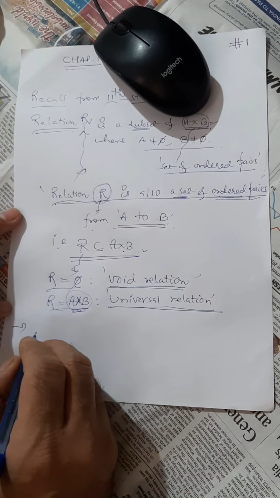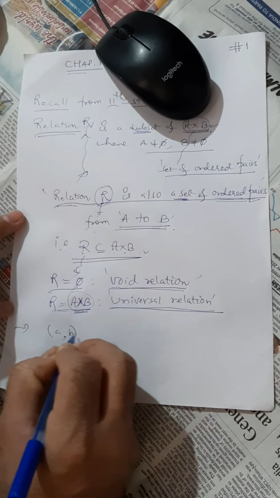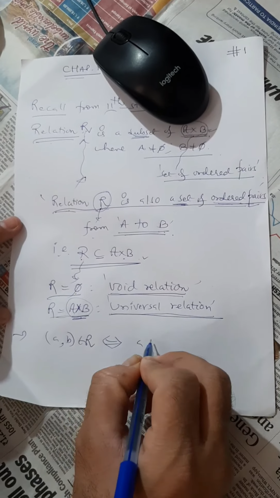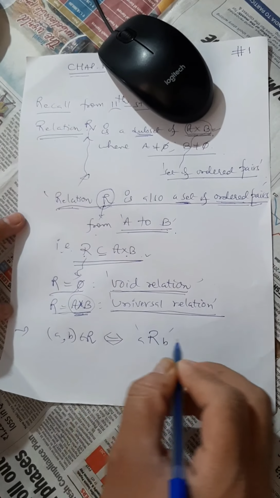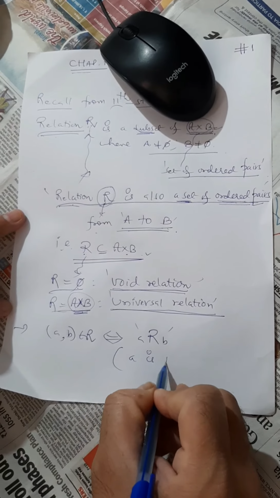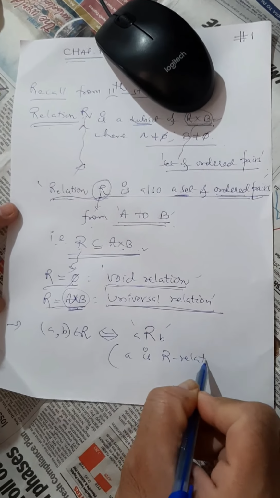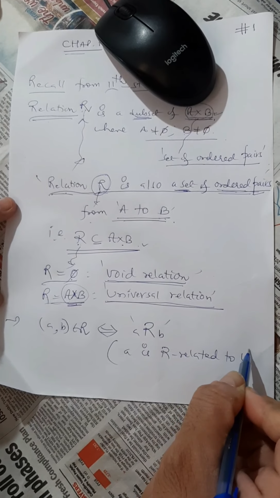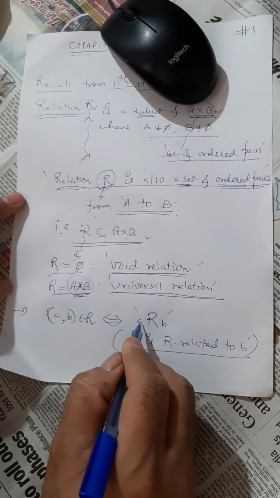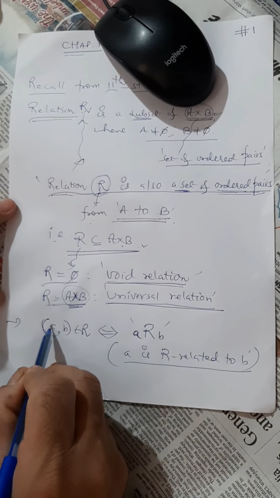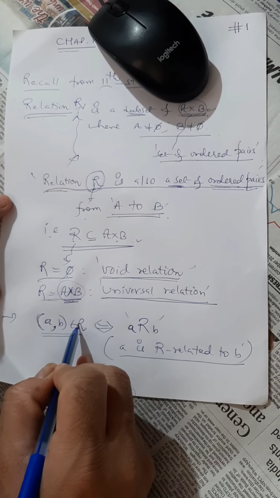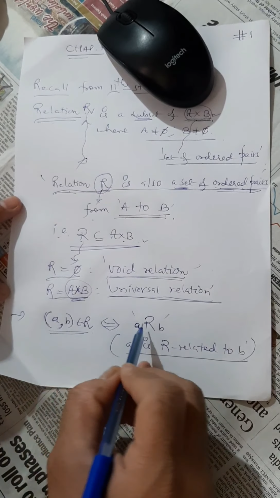This also you know, if you recall, if one ordered pair A comma B is a member of the relation set R, if and only if we say that A is related to B. We say that A is in fact R related to B. This is a standard symbol. We use this symbol freely here. Remember, whenever one ordered pair A comma B is a member of relation R, here R does not mean real numbers, remember.